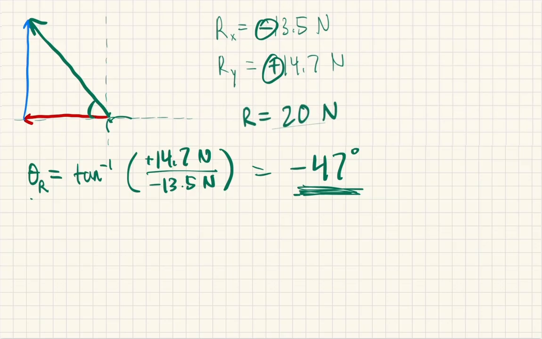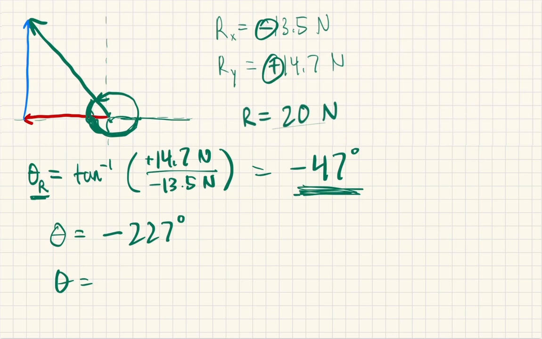So remember that this is a reference angle, and so measuring from the positive x-axis, there's 180 degrees in the negative direction, the clockwise direction, before we actually encounter this 47-degree reference angle. So the true direction angle is going to be 180 degrees plus the 47 to give us 227, or in this case, it's negative 227, because we're measuring clockwise from the positive x-axis. Or if we measured from the positive x-axis counterclockwise, then our angle would be positive 133 degrees.